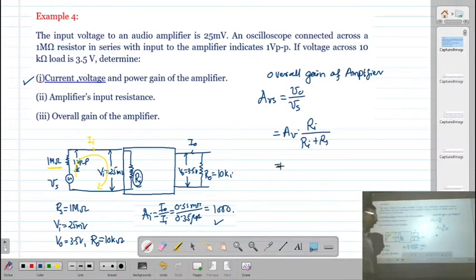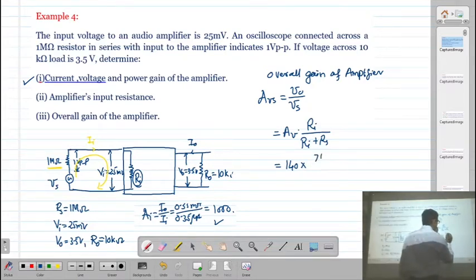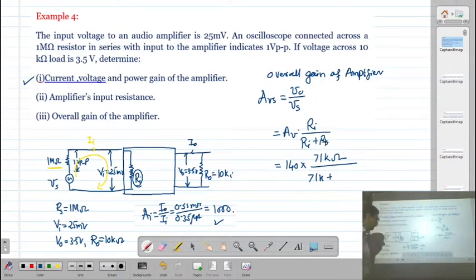AV is 140, then the input resistance we just calculated, 71 kilo, divided by 71 kilo plus Rs, which is 1 mega ohm.